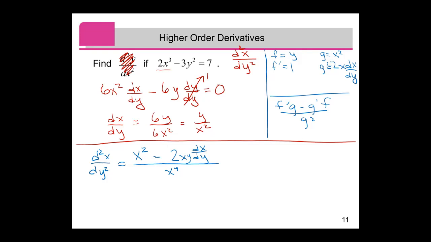Yeah, I am. Okay, good. But remember, I have to substitute in here the dx dy. So this is going to equal x squared minus 2xy times y over x squared, over x to the fourth.